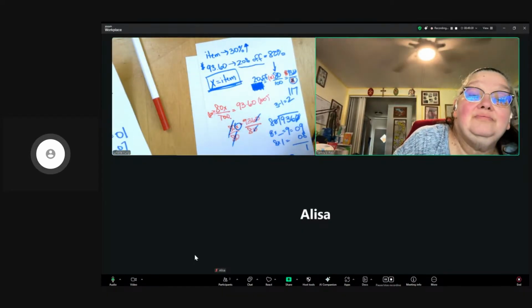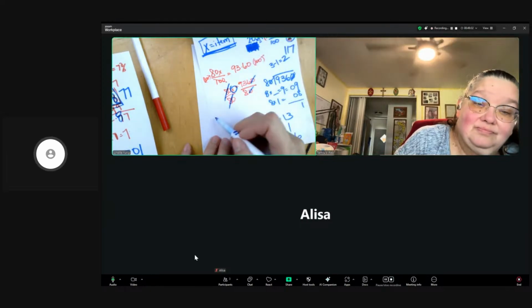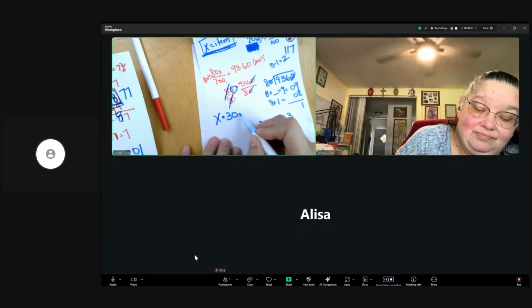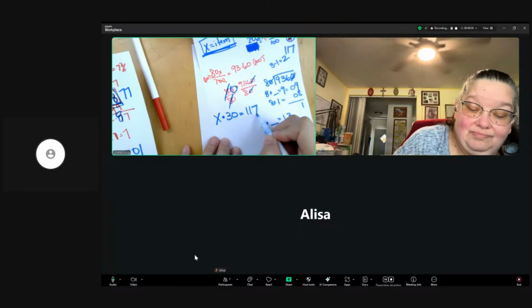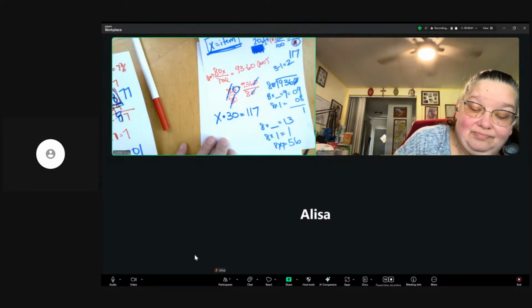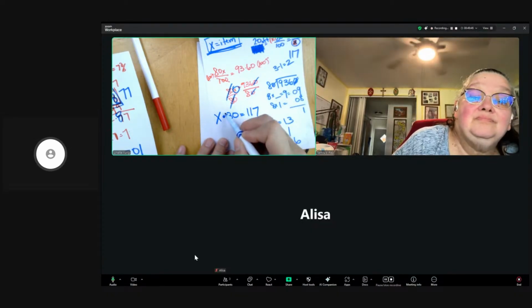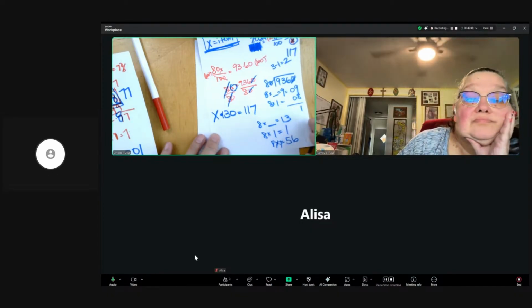So we know, what do we know? We know we don't know the original price. We know we're going to times it by 30% is equal to 117. That's 30%. So this right here is actually 1.30.